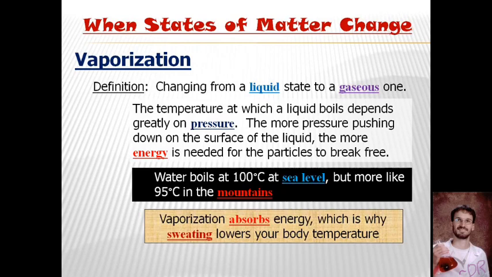So if you are in a place with really high pressure and you're trying to boil water, that water is going to reach a higher temperature than normal. Likewise, on the flip side, if you're in a place with low pressure, you can boil water at a lower temperature. So if you were hiking up in the mountains, water would actually boil at like 95 degrees Celsius instead of 100 degrees Celsius.